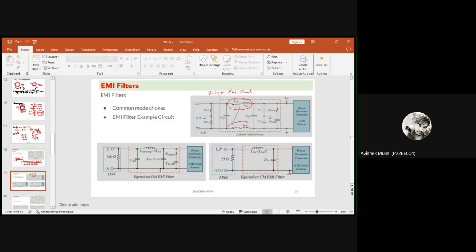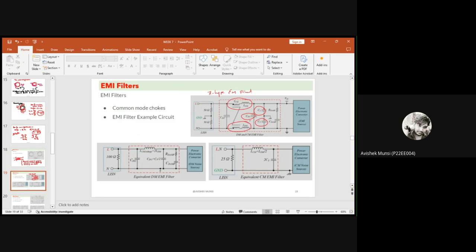This is the differential choke, and here two capacitors are used, right? This is X capacitor and another one is Y capacitor. This is the common mode capacitor, and this X and Y capacitor are basically used for filtering the differential mode voltage and current.